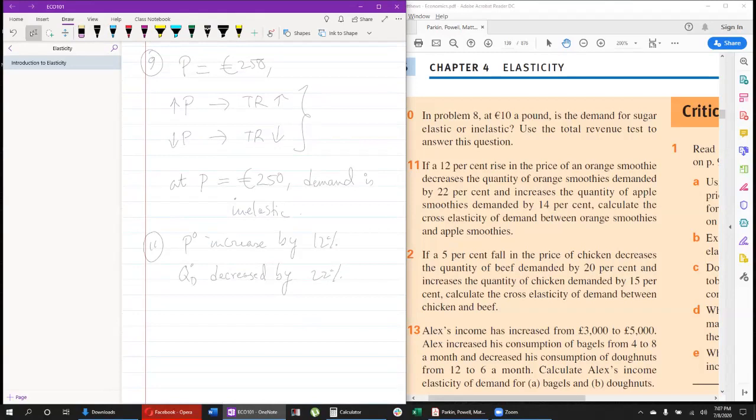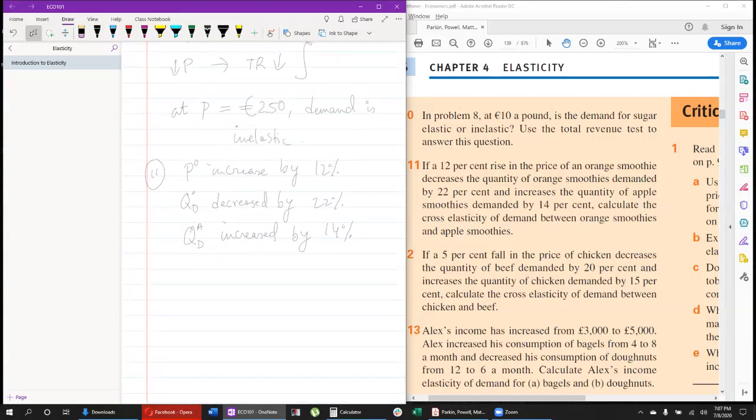And apples, oh sorry, quantity demanded of apples has increased by 40%. Okay, so what we have to find out is cross elasticity of demand between orange smoothie and apple smoothie.